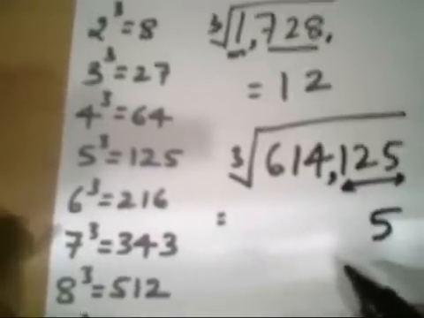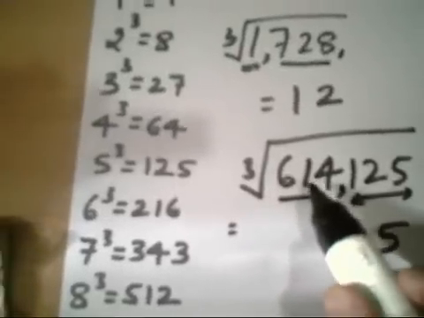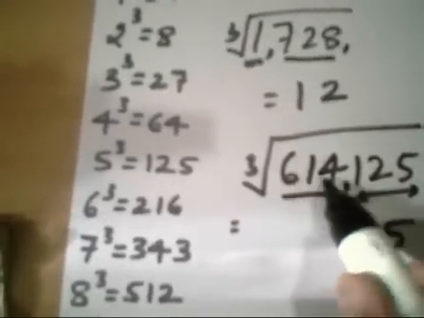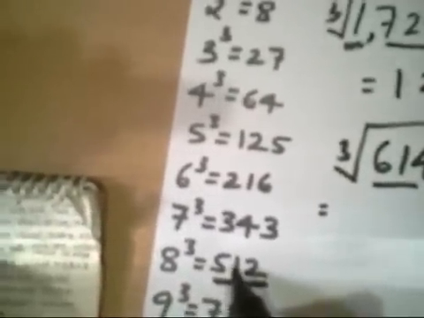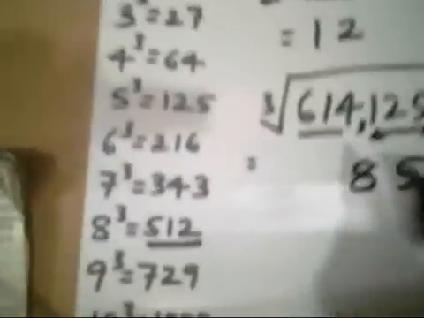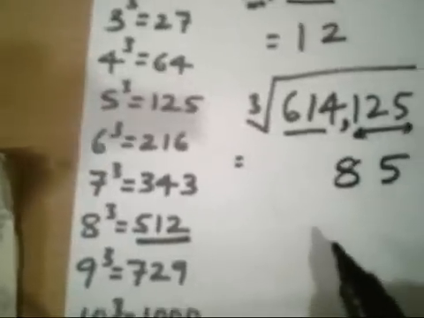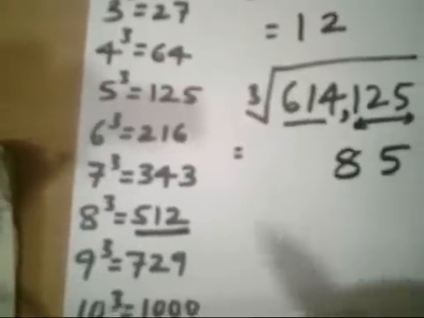Write 5. In the second group, I have got 614. See which maximum cube we can subtract from 614. The maximum I can subtract is 512, and 512 is 8 cube, so write 8. Notice that I am not actually subtracting, I am only observing and writing the answer. So the cube root of 614125 is 85.